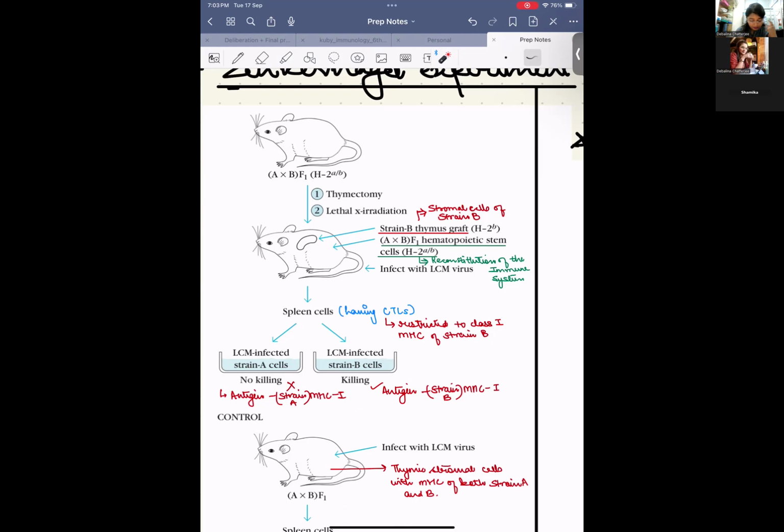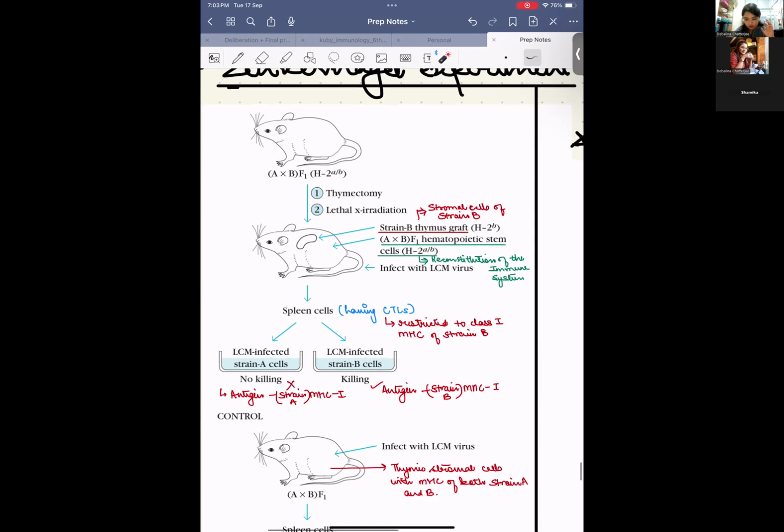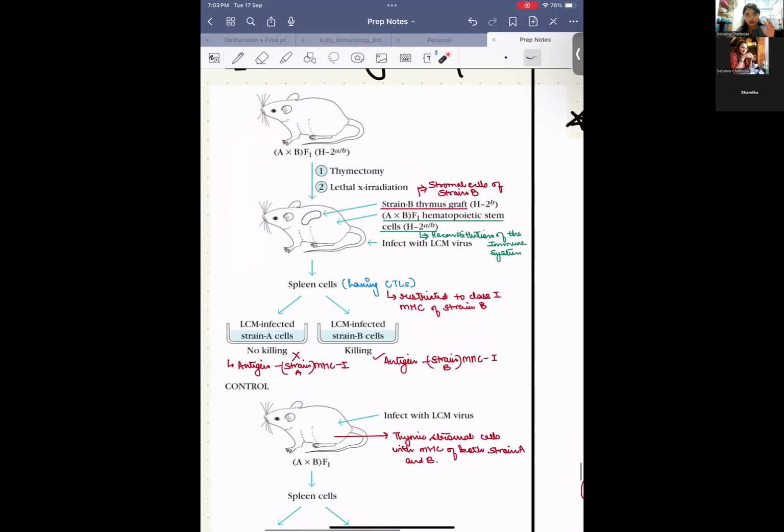Now, if I do not explain this, do you understand why this happened? You can follow through whatever is written on the image. Is it clear why here we had the killing and here we did not have a killing, considering the fact that we have discussed what is self-MHC restriction?